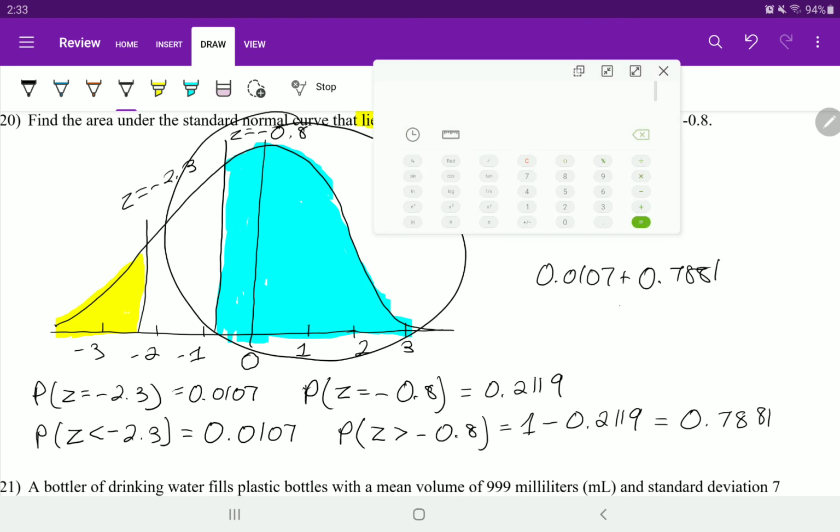And when I add those together in the calculator, although I move kind of slow doing it because, you know, I'm not technologically savvy like you guys are, that's going to equal 0.7988. Could have kind of done that in my head. I think so. Nah, I like this way. And that's going to be the area under the curve that is shaded.